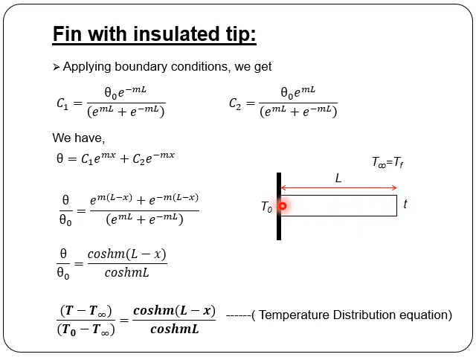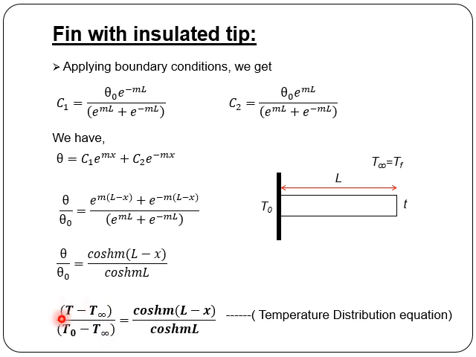At a location of 4 centimeter along the fin, what will be the temperature? So I just substitute x equal to 4, that means in meter 0.04, and L equal to 0.1, and if I have values of h, p, k, A, I can get the value of m, which is the square root of hp by kA, and the base temperature and fluid temperature are known.